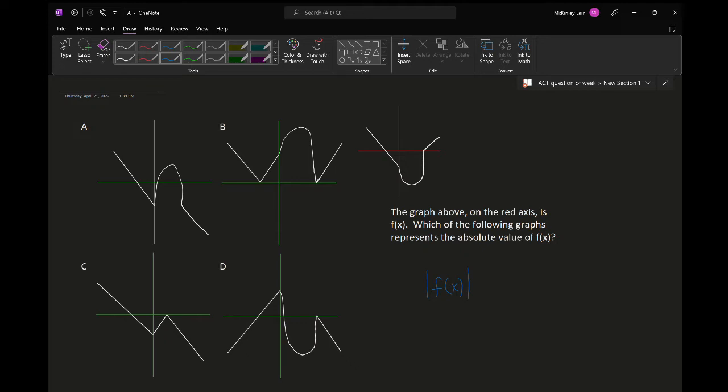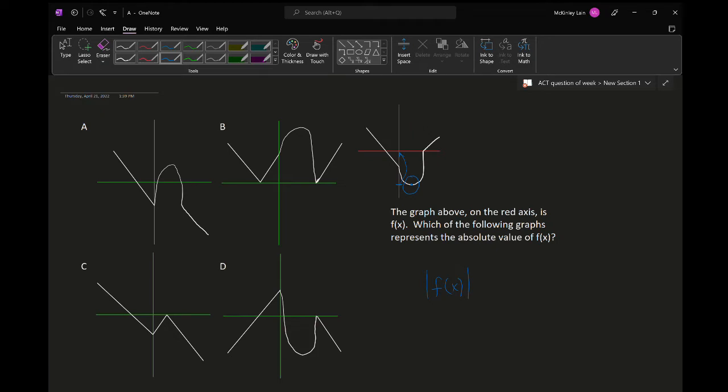So really, absolute value is asking how far away from zero your point, or your y value, or your answer is. So even if I'm down here on this graph on the red axis, that's a negative value, but what the absolute value is asking is how far away this y value is from zero. And that distance is going to be a positive number.